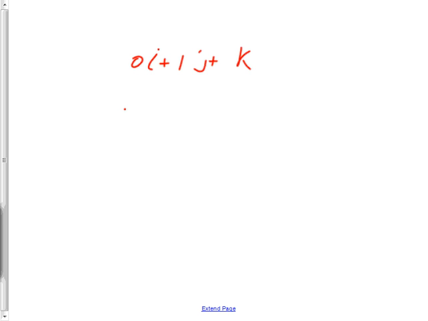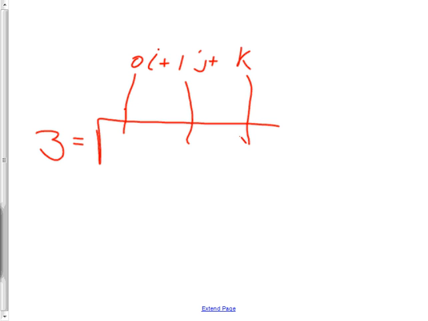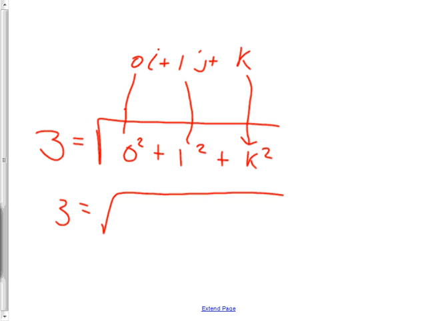Remember that little magnitude formula we just did a second ago? If it's 3 feet long, that's the square root of that number, and the mystery number. You'll have to figure it out. 3 equals the square root of 0 squared plus 1 squared plus k squared, which really is just the square root of 1 plus k squared.